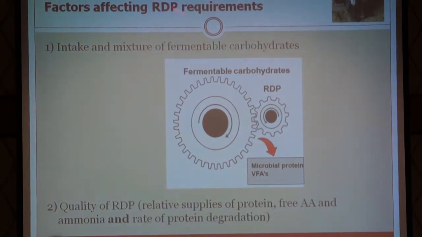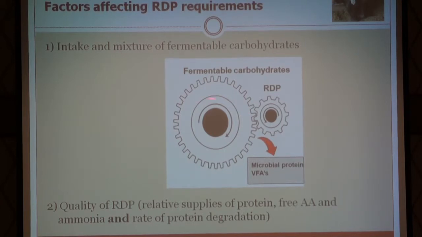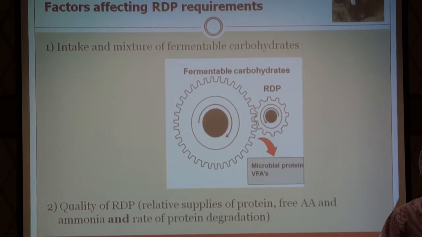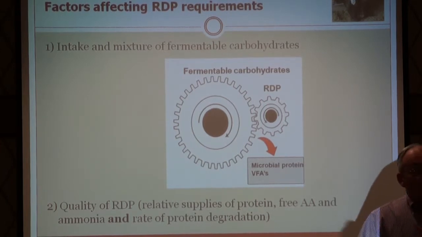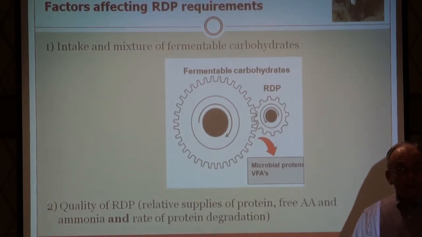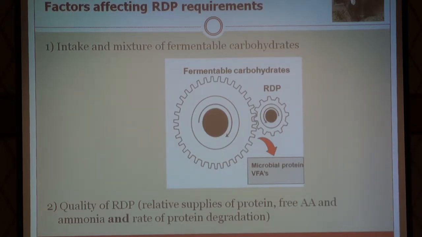Factors affecting those RDP requirements. Well, what really affects it? It depends on how much potentially fermentable carbohydrate you have in the diet. The more potentially fermentable carbohydrate in the diet, the more RDP you need. Why? Because the more fermentable carbohydrate in the diet, the more bugs that can be produced. If there are more bugs, what's their number one requirement besides energy?